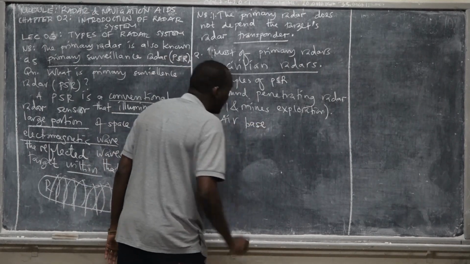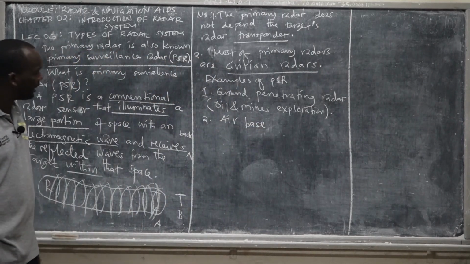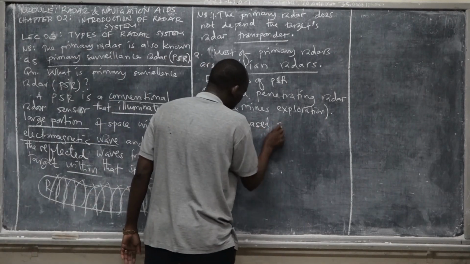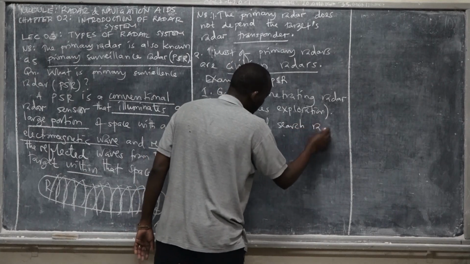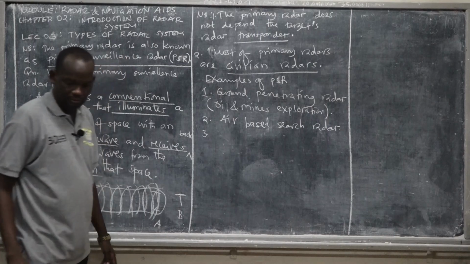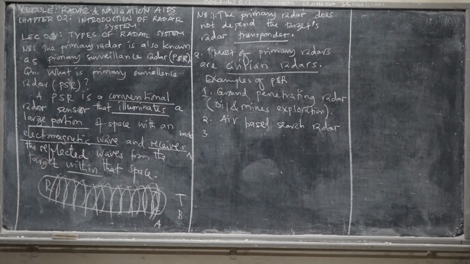The second example of primary surveillance radar is called the air-based search radar.